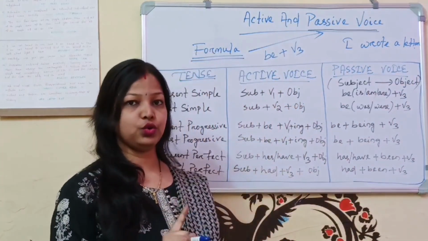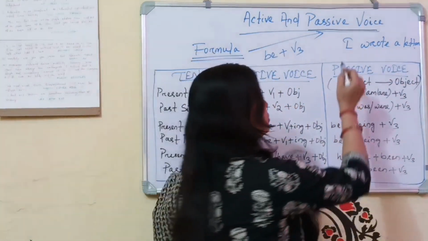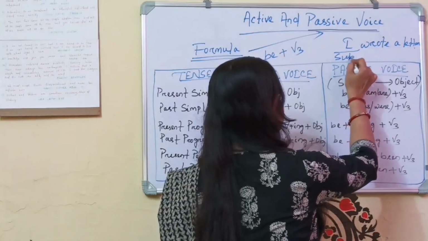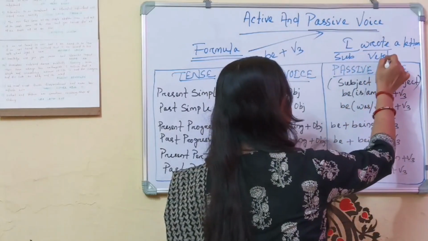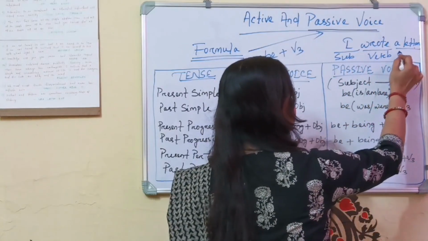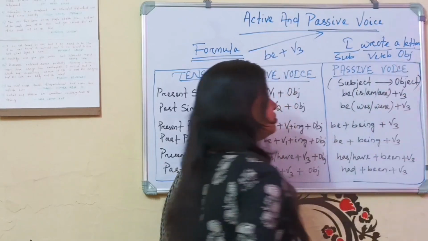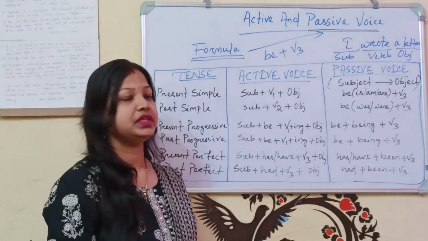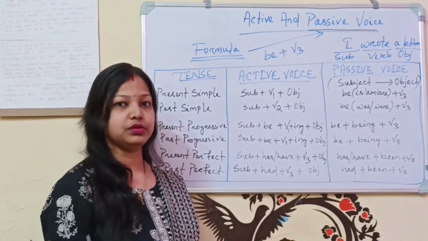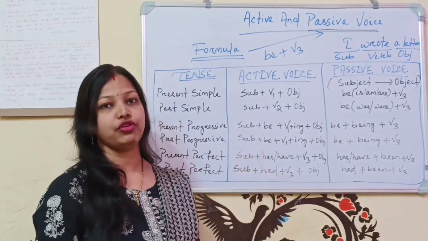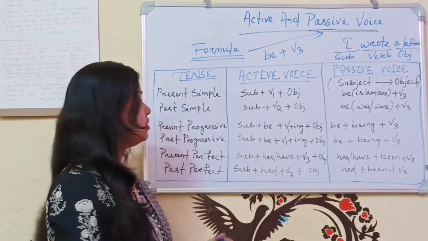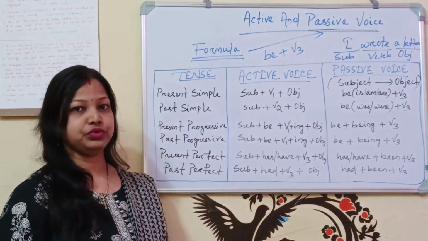Suppose I am writing, I wrote a letter. Here I is the subject, wrote is the verb and a letter is the object. So you can guess from this what is subject, object and verb. The verb we have to use according to the tense.